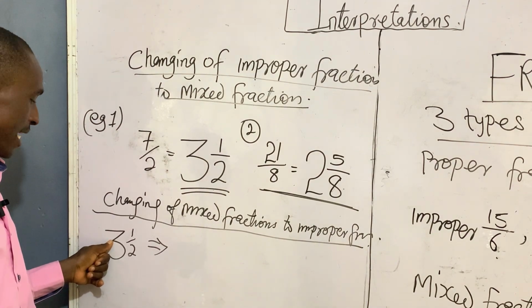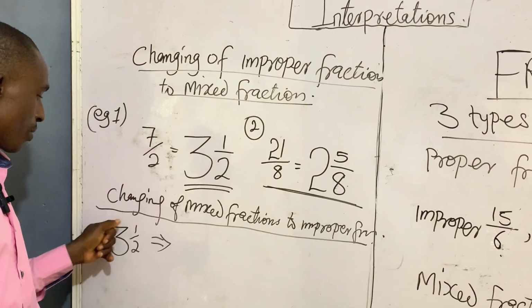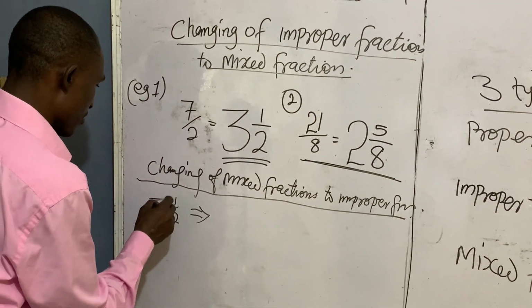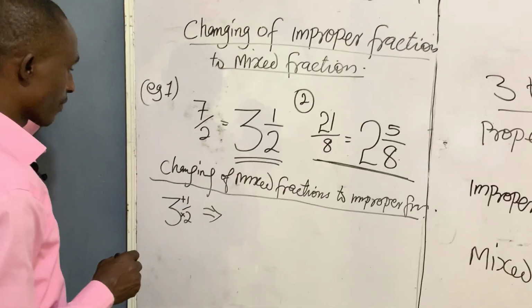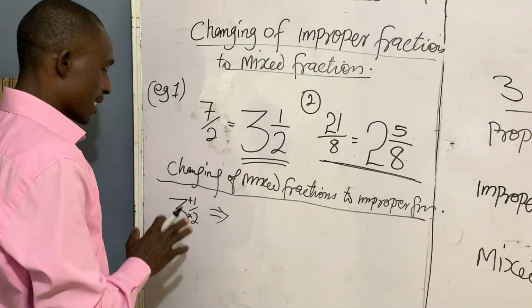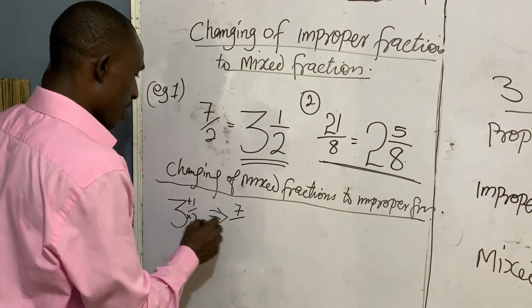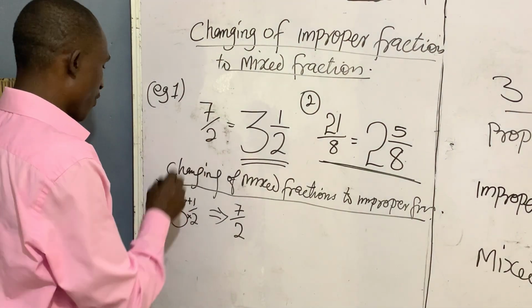So that gives us 2 times 3, giving us 6 plus 1. Between this and this is times. What is on top is plus. Okay? So this times this, that is 6 plus 1, that is 7 over what is on the ground.